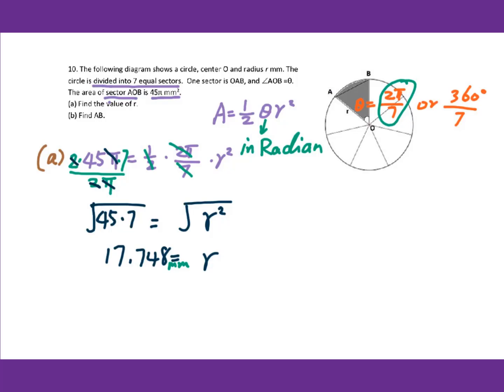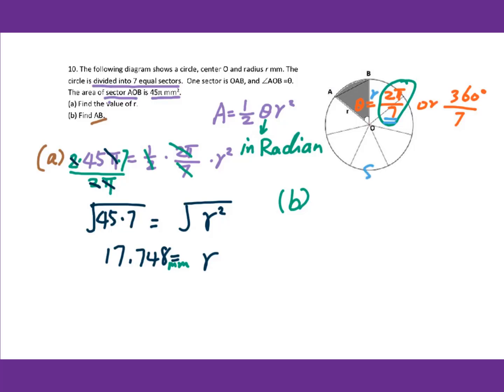Then for B, we need to figure out AB. For this AB, we need triangle OAB. You are given this angle and r, here's r, in radians.